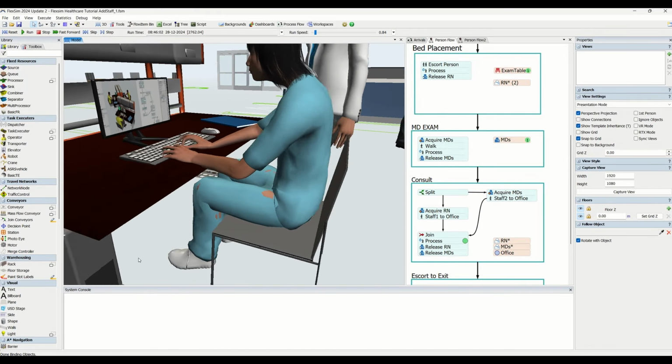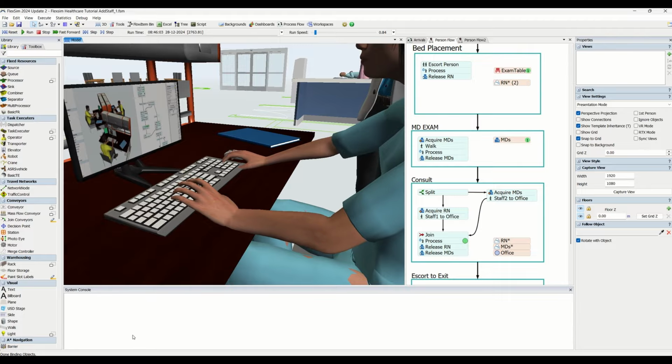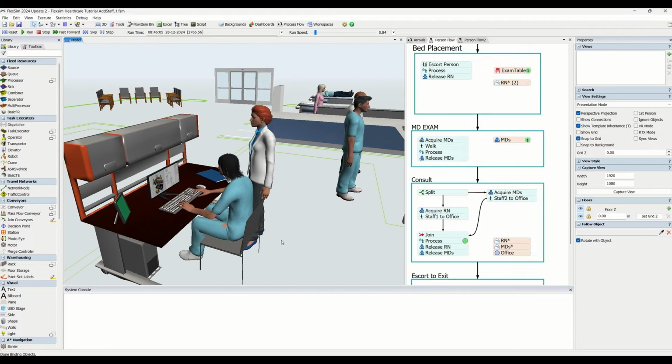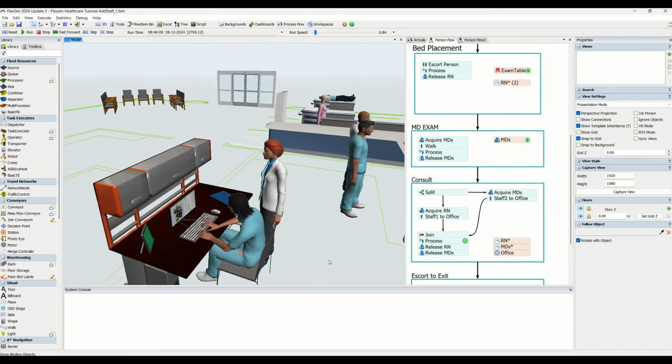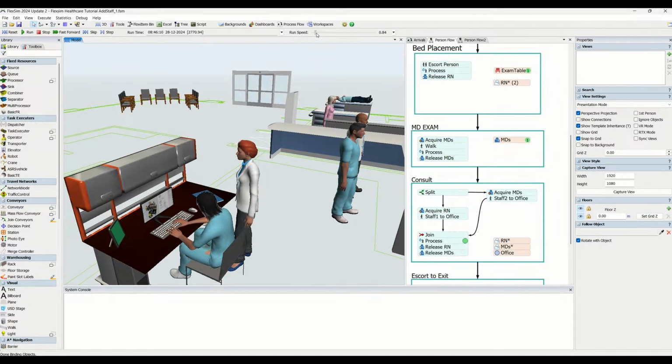It's so clear and crystal, the simulation and the graphics. So here it is, our process is ongoing. The doctor is telling what to give a prescription for, and the support system nurse is just typing that in there. Okay, she's really requiring a hell of a lot of time to put in the prescription there for the patient.